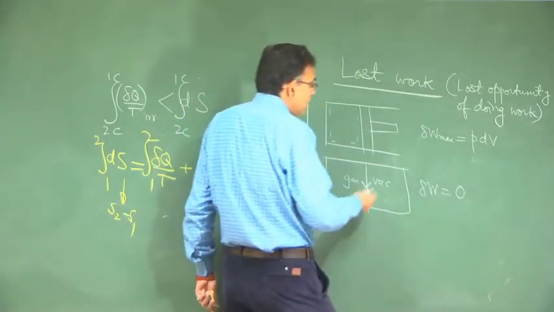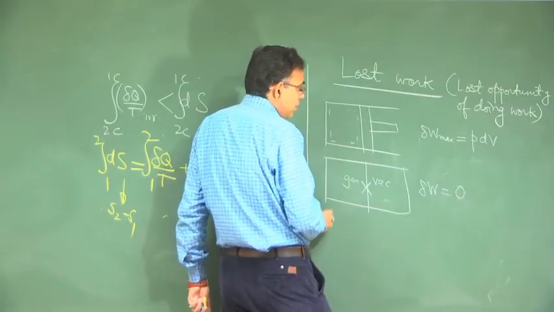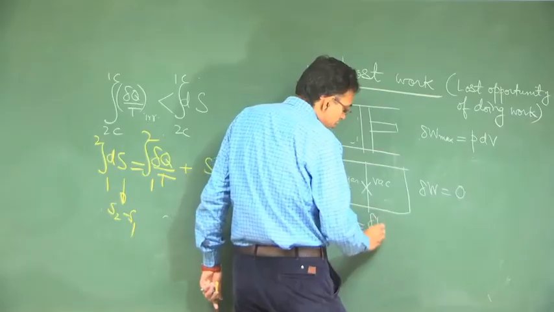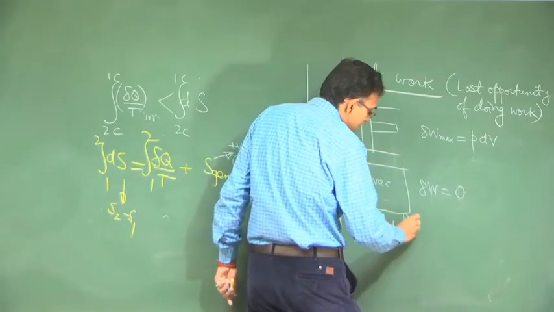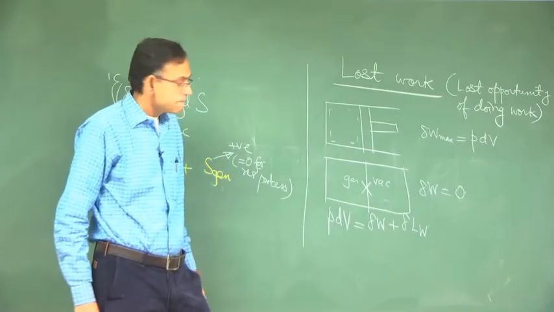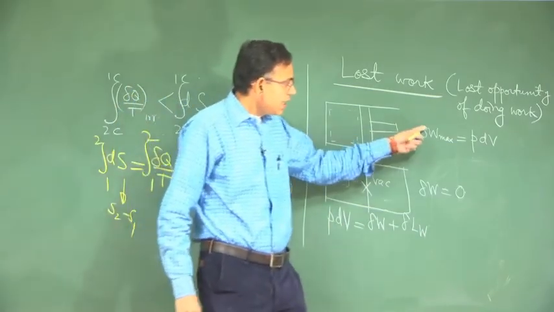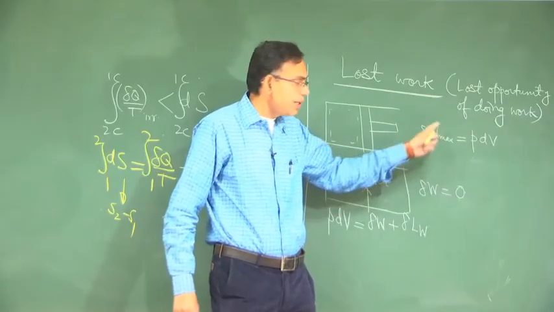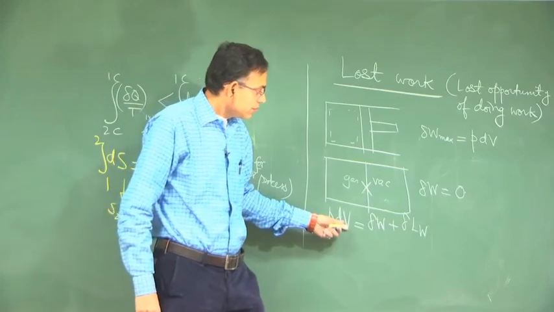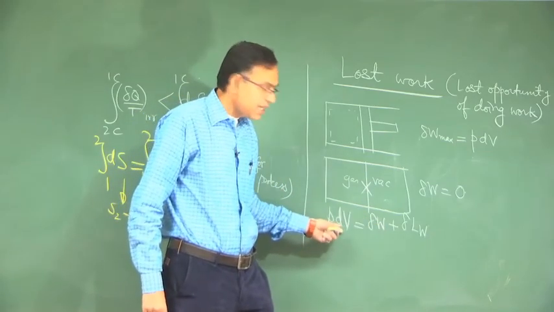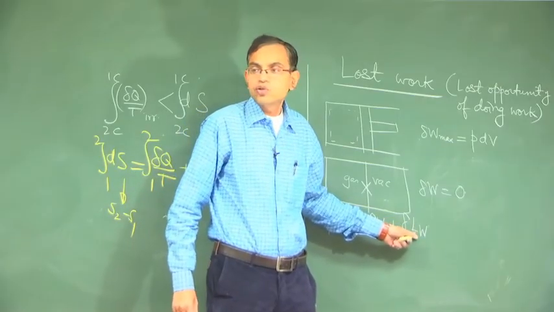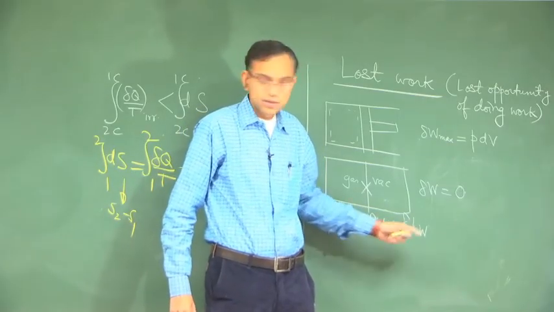So, reality is that you have PdV equal to delW plus delta lost work, okay. So, in any case in between, the work is between PdV and 0. PdV is maximum, the actual is less than that, and the balance is a lost opportunity of doing work, right.